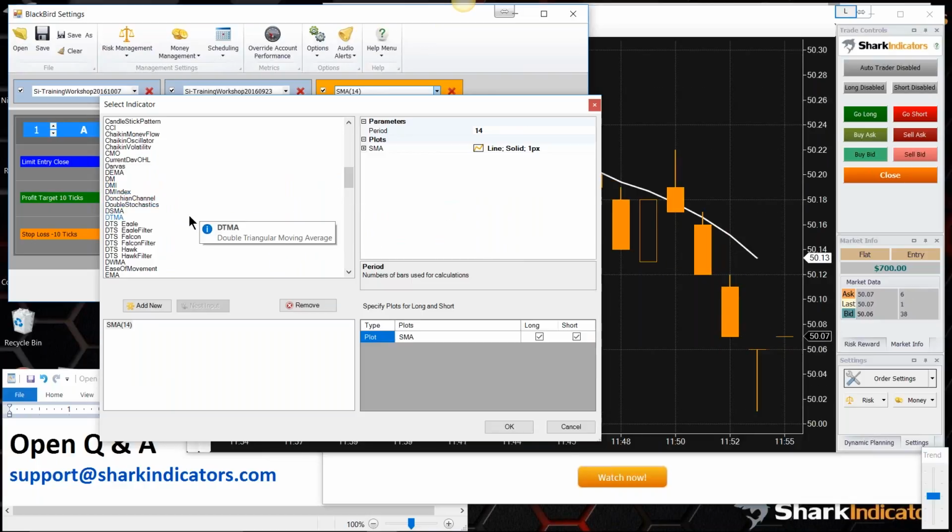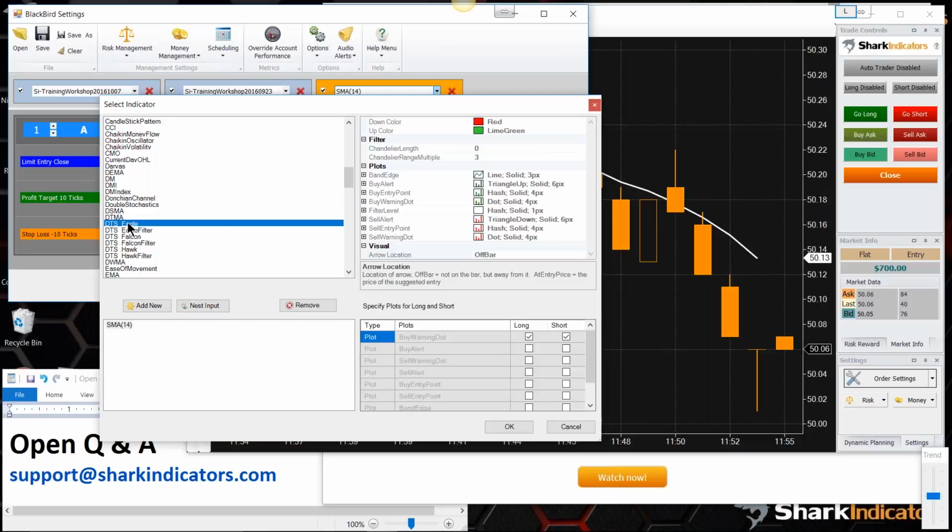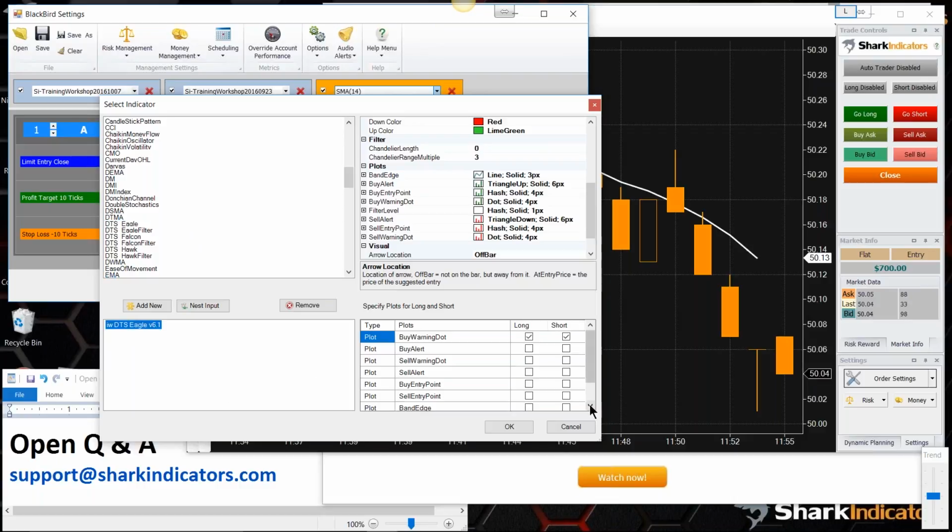Since this is a testing machine, I do have this from Indicator Warehouse. What I could do is use the buy entry point and sell entry point as my buy signal and sell signal. I could do something like that.